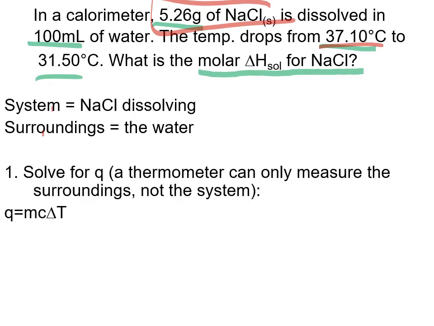So first, let's try to solve this problem by breaking it up into little steps and then putting them together, and then we'll try again doing it all in one step. So the system itself, you can't measure the change in its energy directly. Between the ions in a crystal and the ions in water, it would be impossible to measure the exact energy values of those ions in both states.